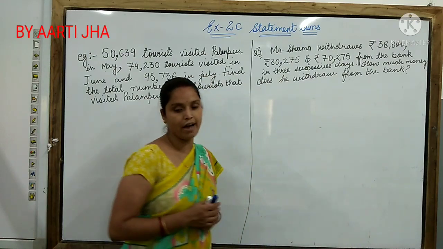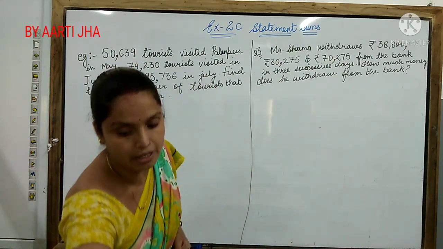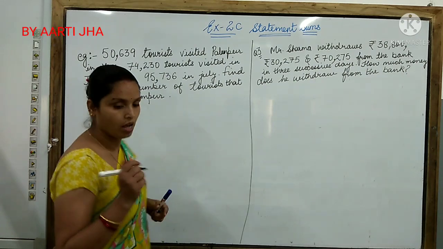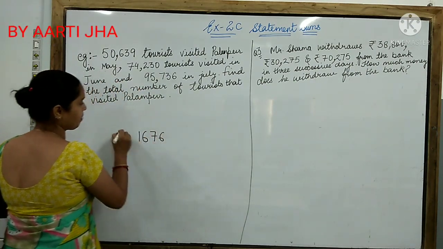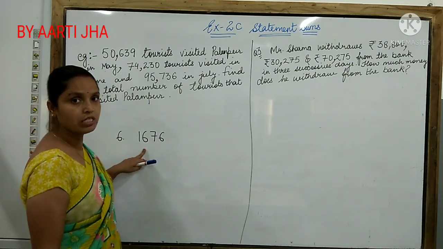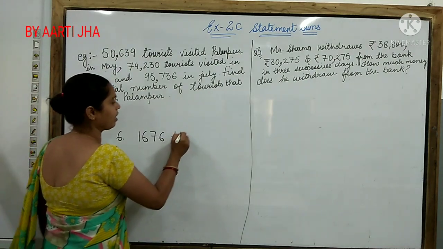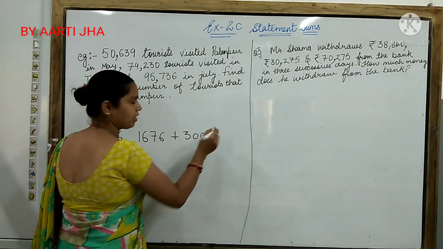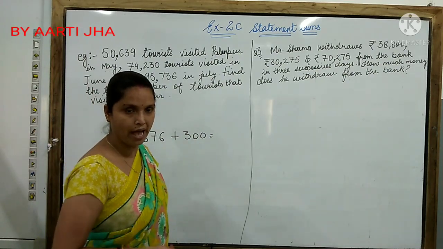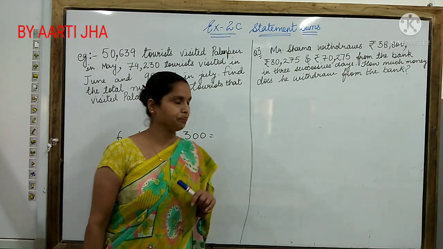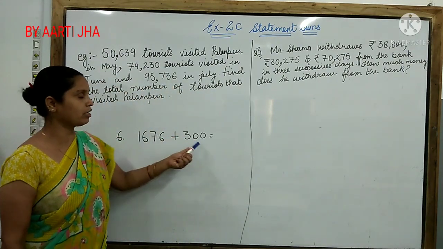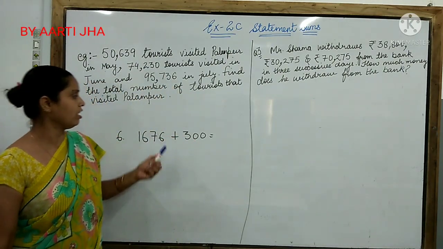And then you had 1 to 10 as number blanks, in which the sixth blank was 1676 added up with 300. I am taking 2 or 3 examples from those blanks and you will check whether you have done them correctly. Here, children, these are the two addends we have.